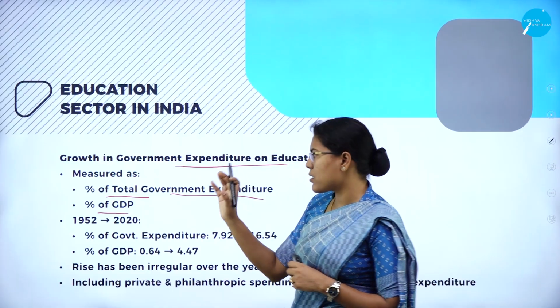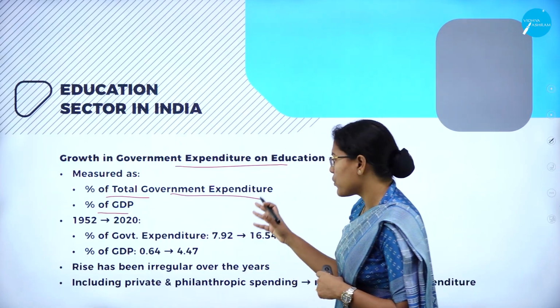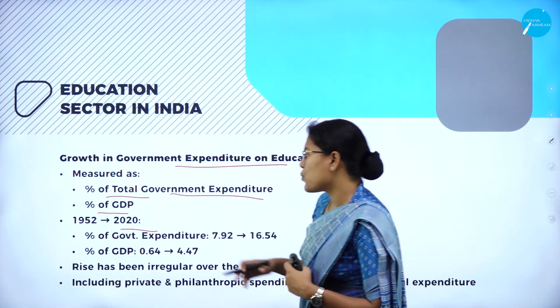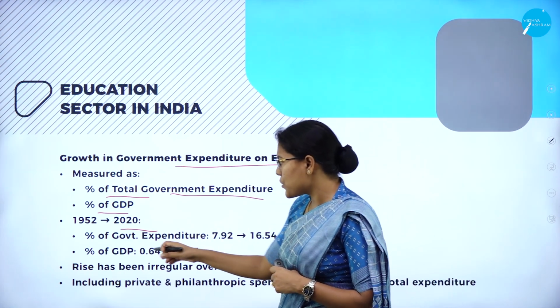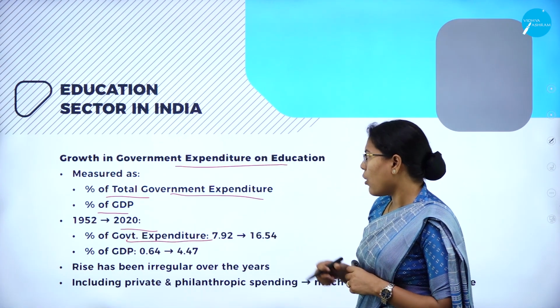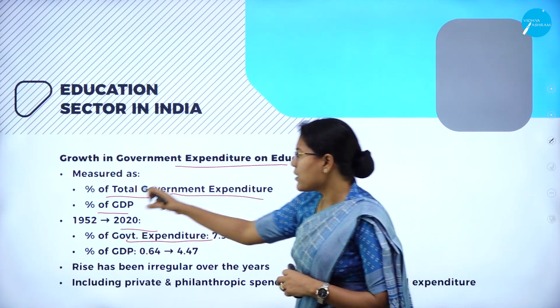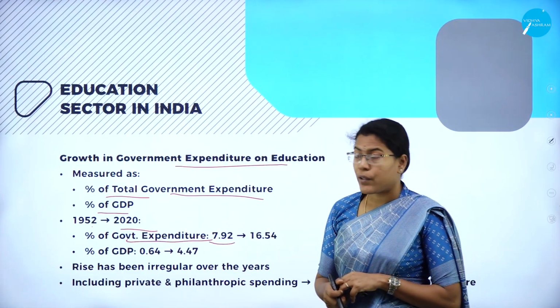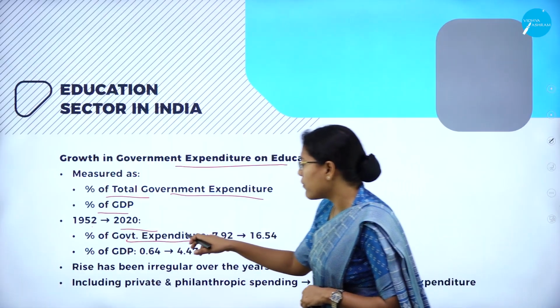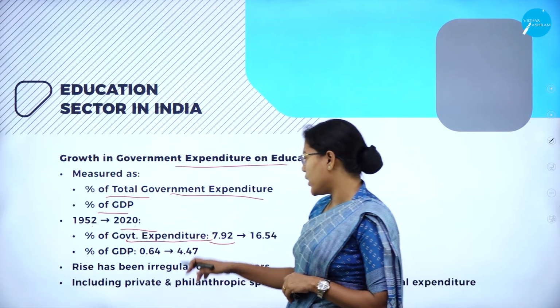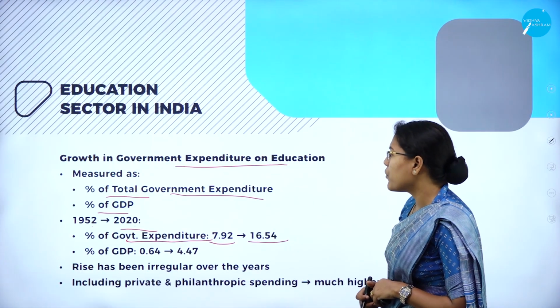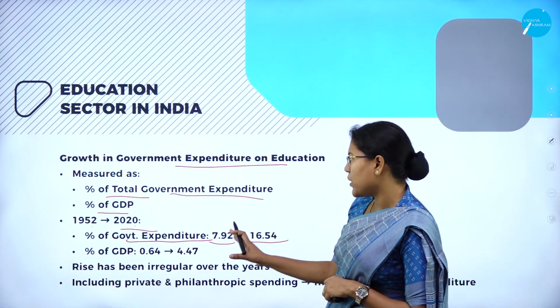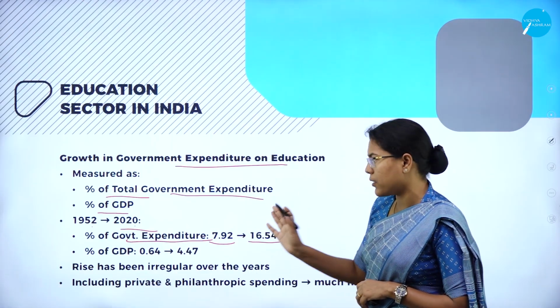The percentage of government expenditure on education in 1952 was 7.92%, whereas in 2020 it is 16.54%. So almost the expenditure of the government has doubled.